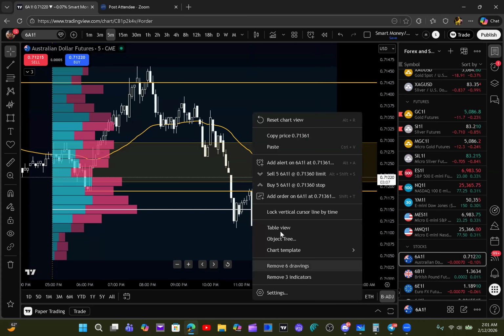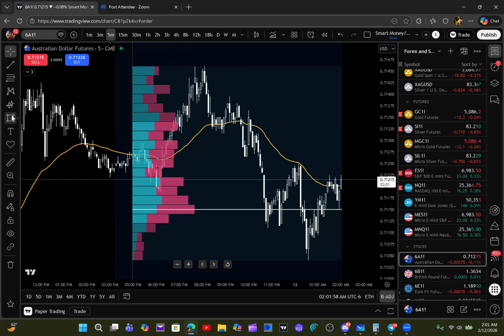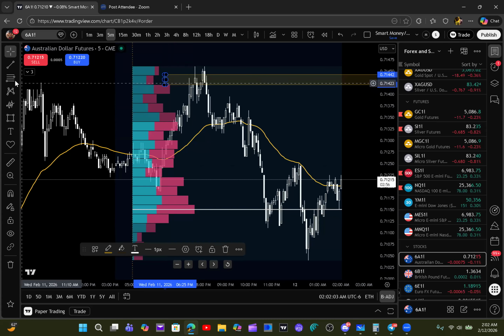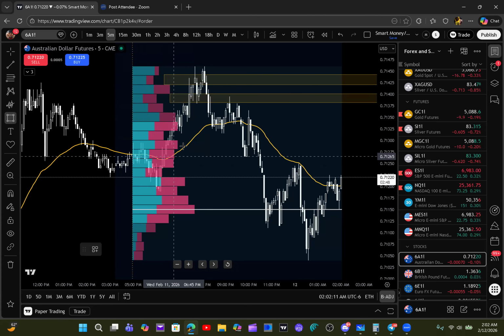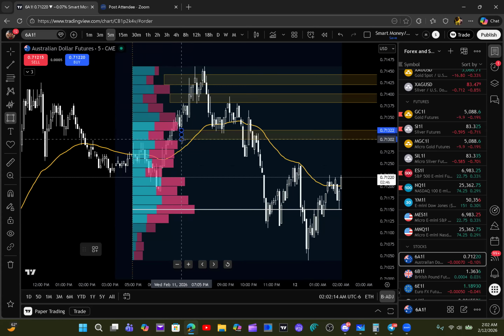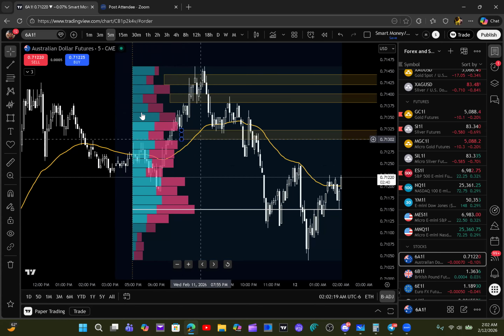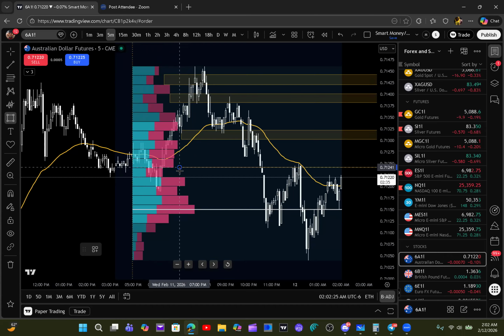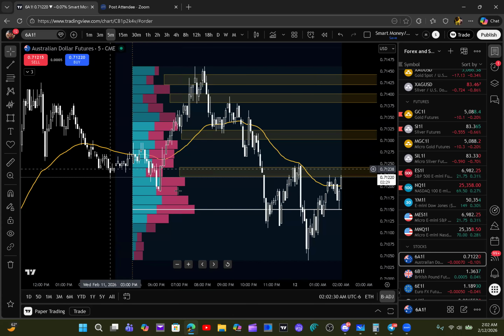This is currency futures. Let's see how it works on currency futures. So we got low volume node there. And this is Australian dollar futures. This will look just like AUD USD. If it looks familiar, it's because it's the exact same. And like I said, y'all, I'm just doing a study.